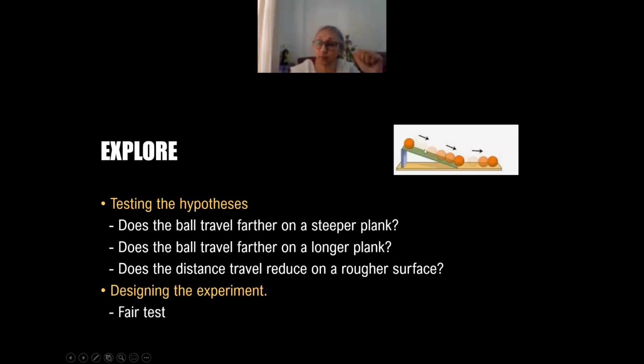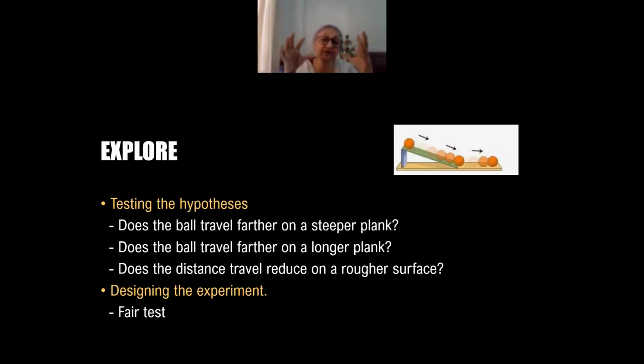Because now when the ball goes down from the top, the distance traveled may be affected also by the change in the nature of the material of the ball or change in its mass. So the effect on the distance traveled will not only be of the steepness of the plank, but also the effect of the change in the material of the ball will creep in.